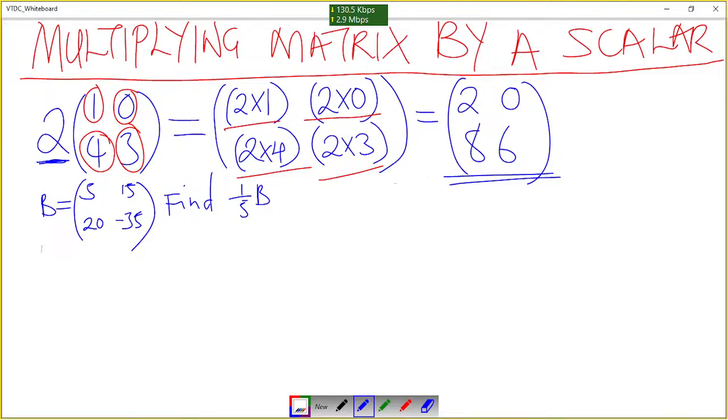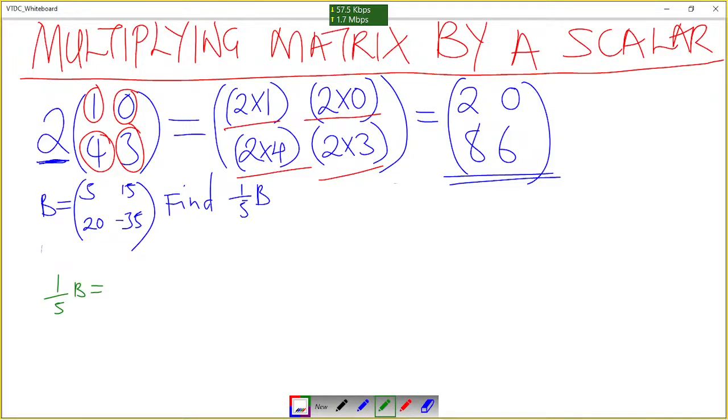To solve this one, we start first by writing that expression, which is 1 over 5b. Now where there is b, we replace b with the matrix.